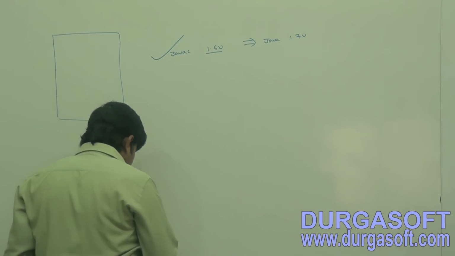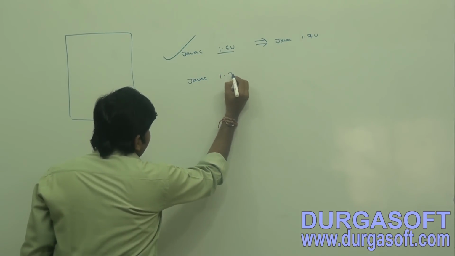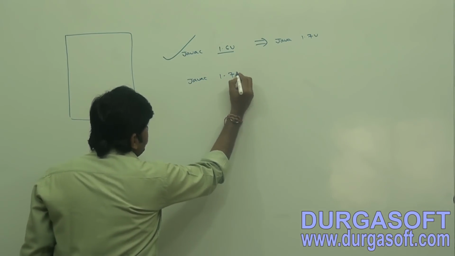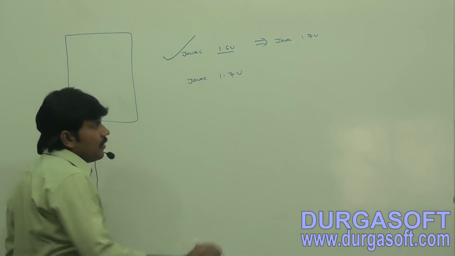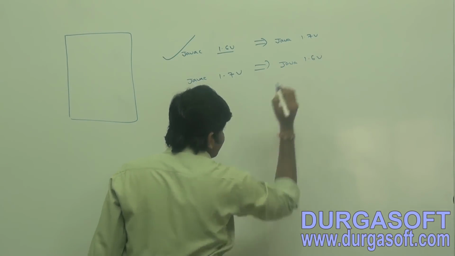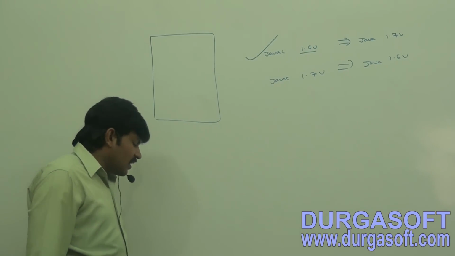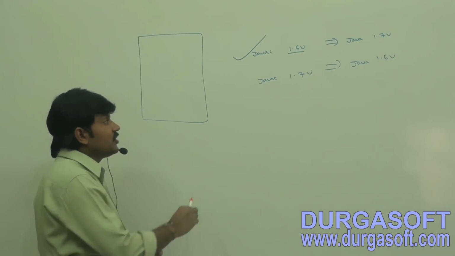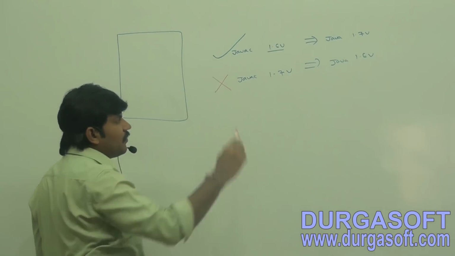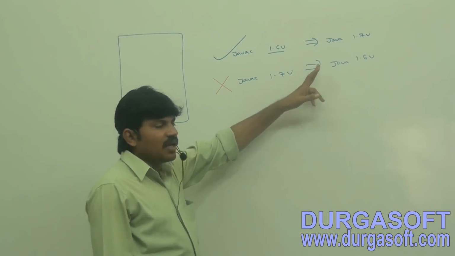Suppose the compiler is the 1.7 version, but my JVM is the 1.6 version. Can you tell, is it going to run or not? No chance at all. Immediately we will get a runtime exception saying unsupported class file version.